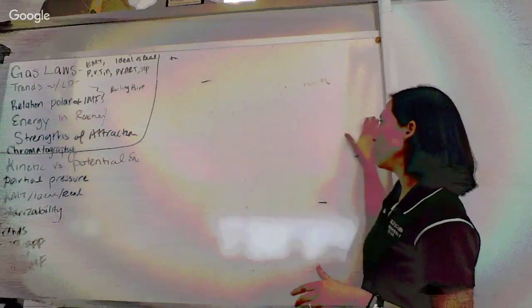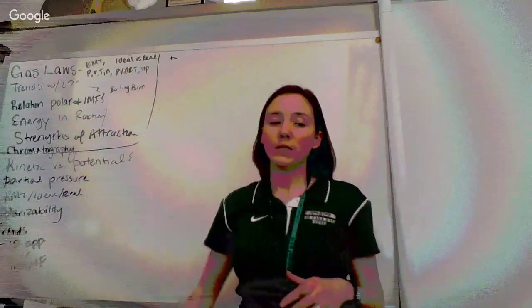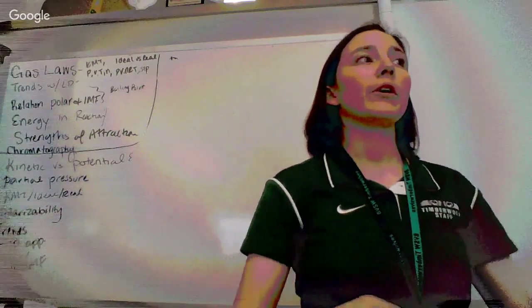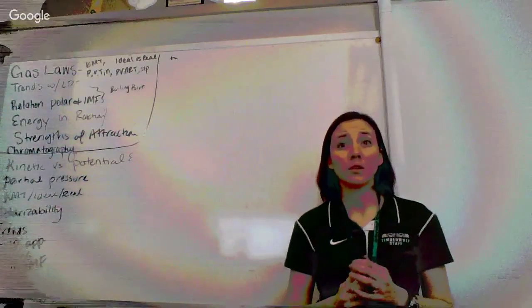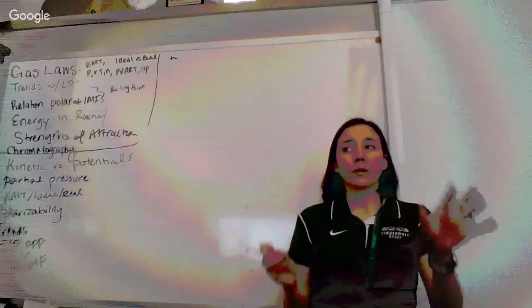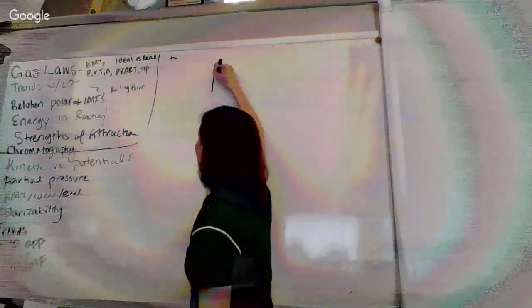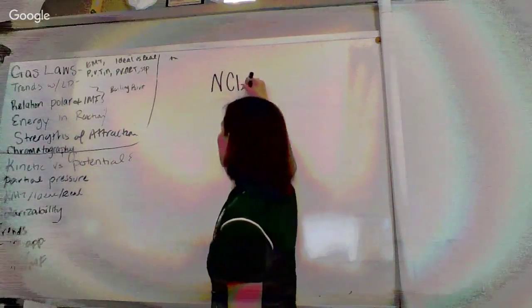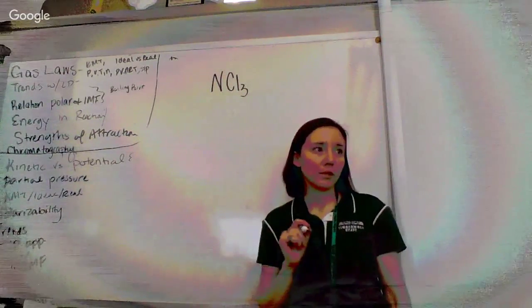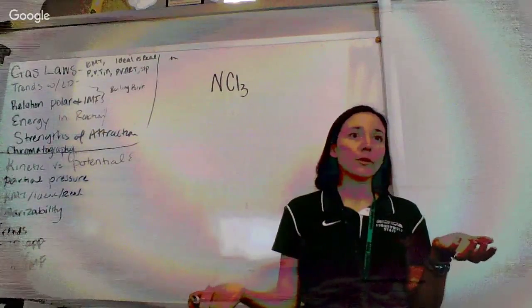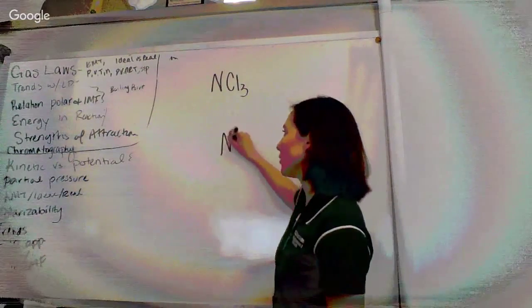So maybe it would be worth taking a moment to remember how to figure out if something's polar or not polar. If you were comparing two different compounds, let's say we had NCl3. In order to figure out whether it's polar or not polar, you have to draw your Lewis structures.